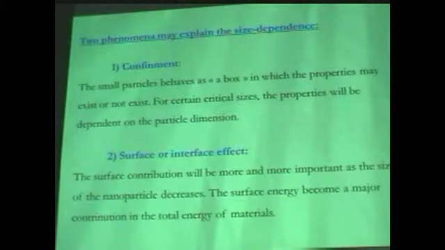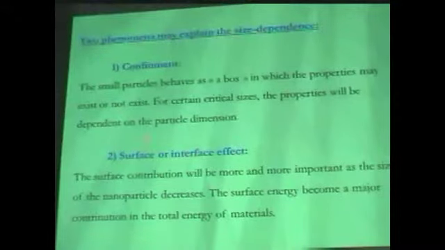Two phenomena may explain the size dependence. The first one is the continuum, because the small particles behave like a box in which the properties may exist or not exist. And for certain critical sizes, the properties will be dependent on the particle dimension.